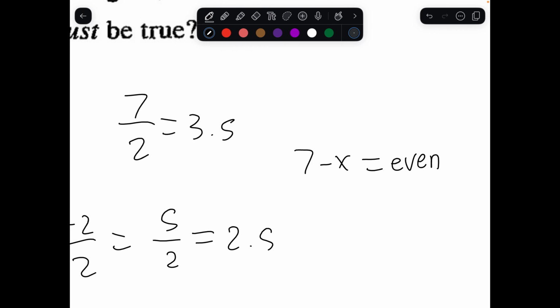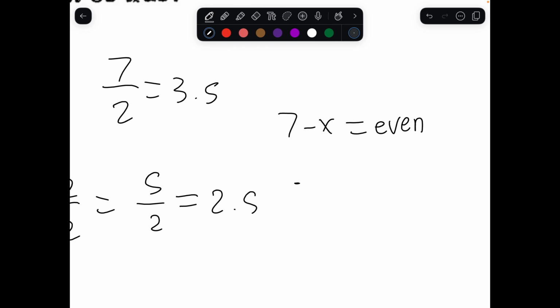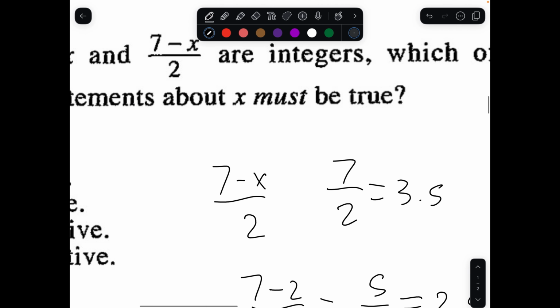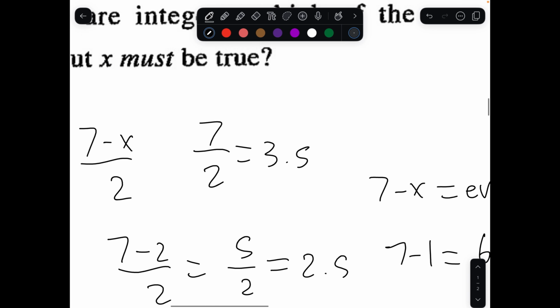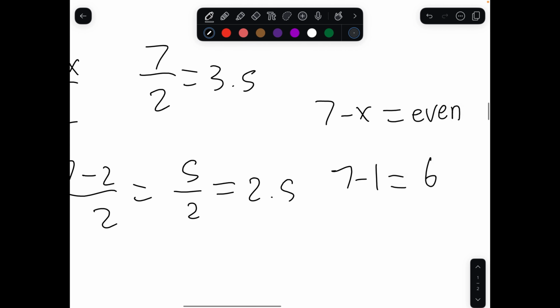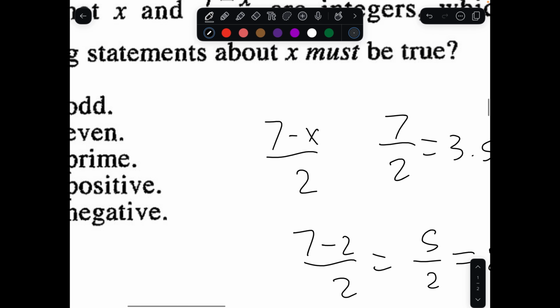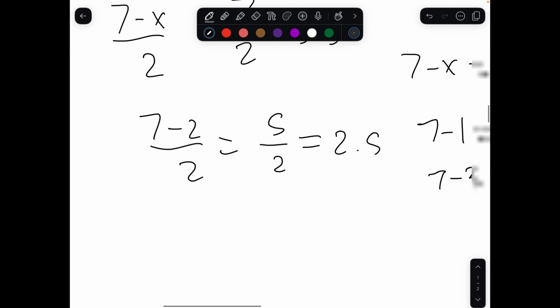Well, let's see. If I plug in 1, I get 6. 6 over 2, that's 3. So that's an integer, right? If I plug in, let's say, 3 for x, 7 minus 3, that's 4. 4 over 2, that's 2.